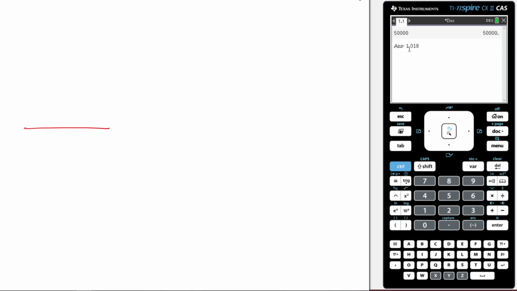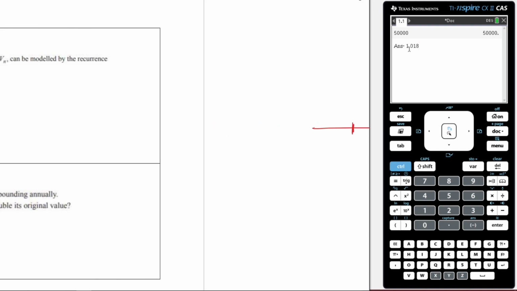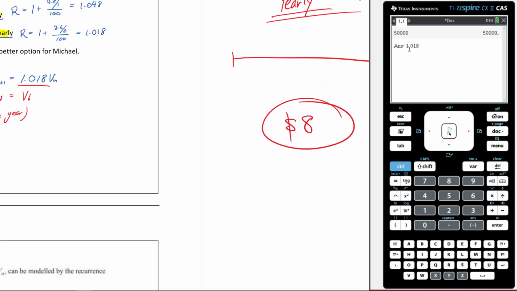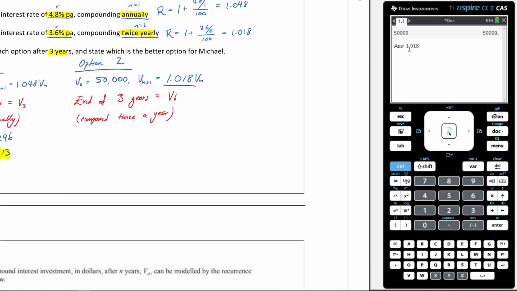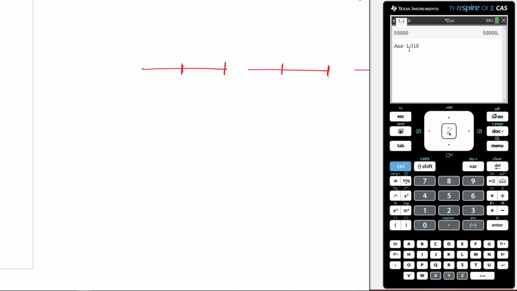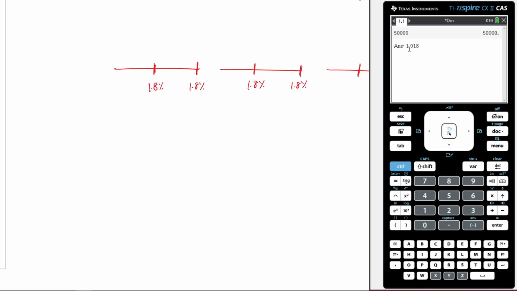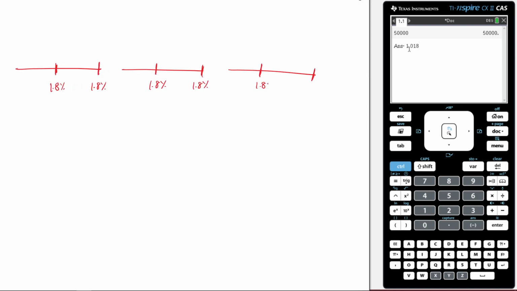Let's draw it out. There's 1 year, there's 2 years, there's 3 years. And what we know is that twice a year, remember, what was it originally? It was 1.018. So that means it's going to be 1.8%. I'm going to be getting 1.8% there, then 1.8% there, 1.8% there, 1.8% there. And keep on going. 1.8% there, 1.8% there. I'm calculating the interest twice a year.